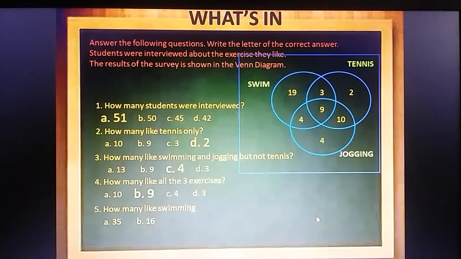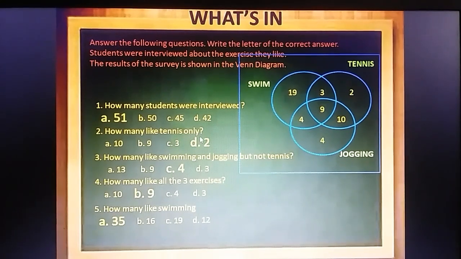How many like swimming? 35, 16, 19, 12. The correct answer is 35. Bakit 35? Bakit hindi 19? Unlike question number 2, in question number 2, it says how many like tennis only? With the word only, so ibig sabihin, tennis lang.